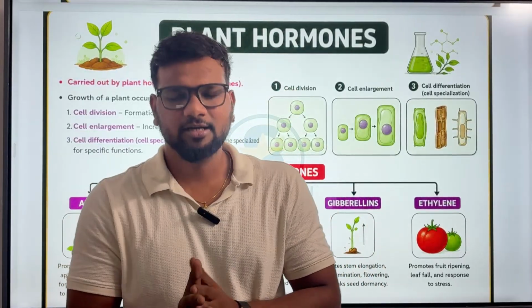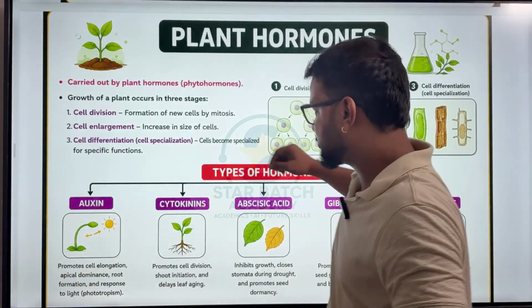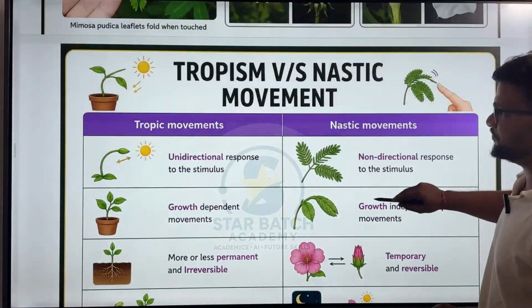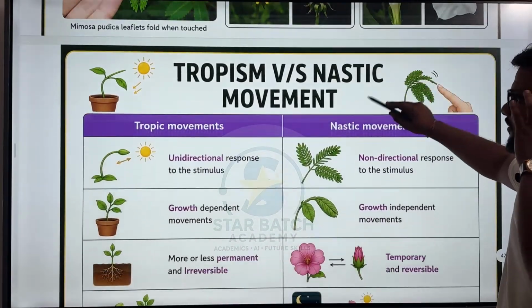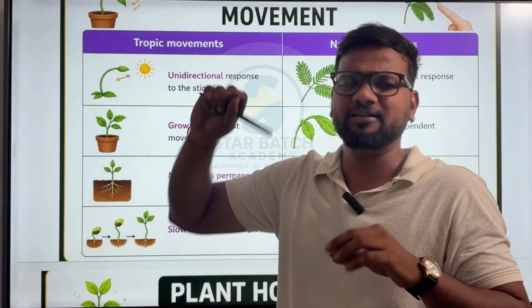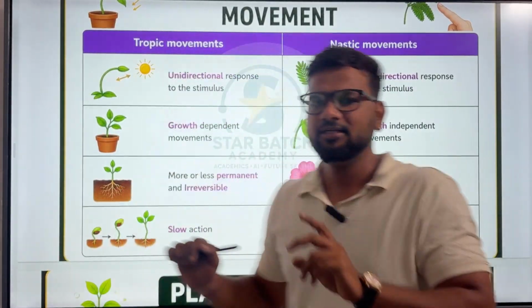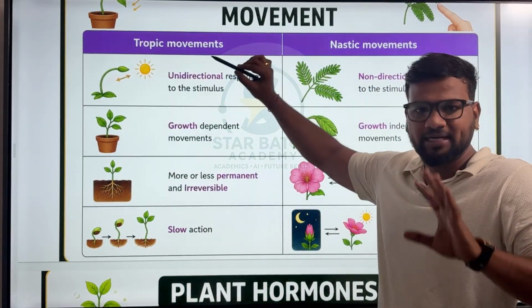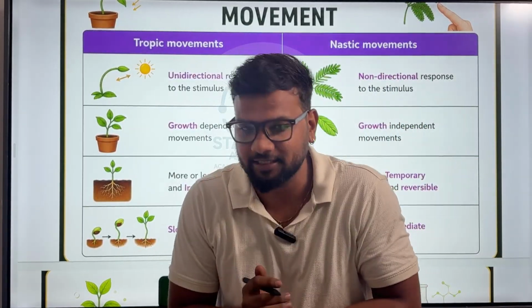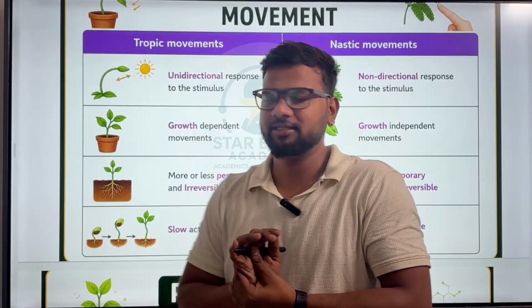So now we have understood about the tropic and nastic movements. Here are the tropic and nastic movements, a quick revision for 5 minutes. Tropic movement is basically unidirectional, which means there is only one direction.